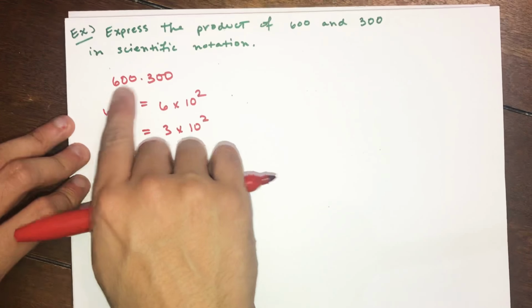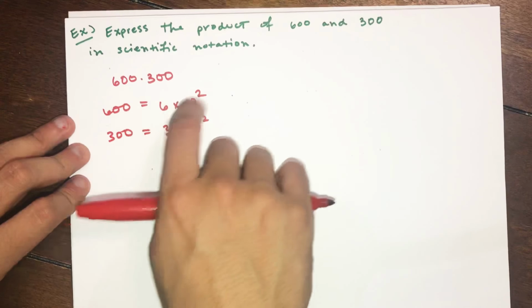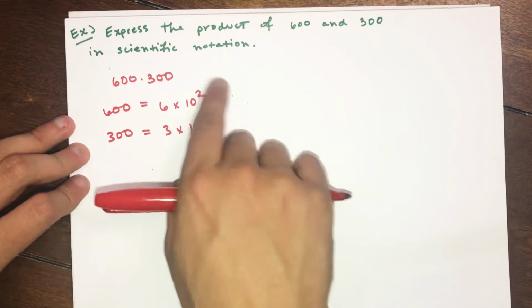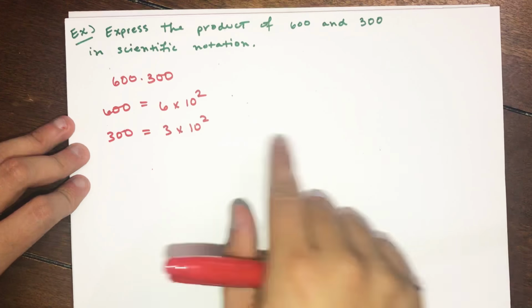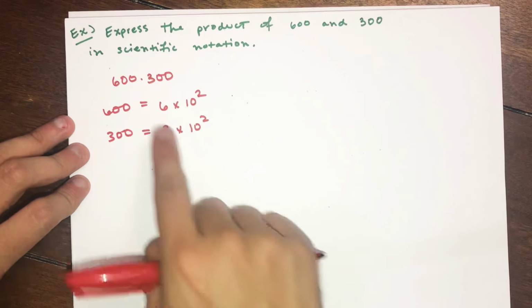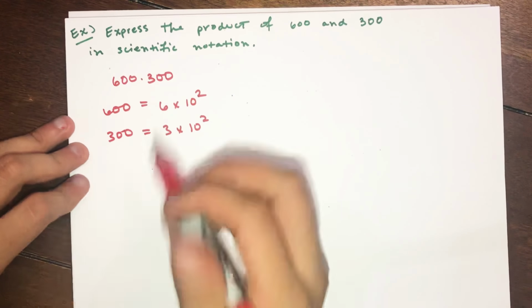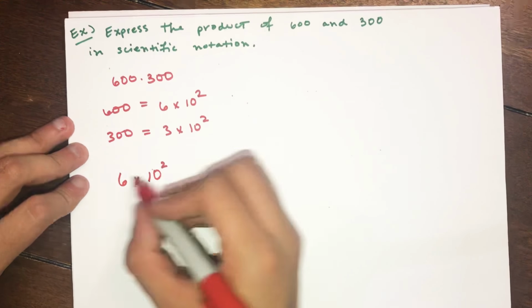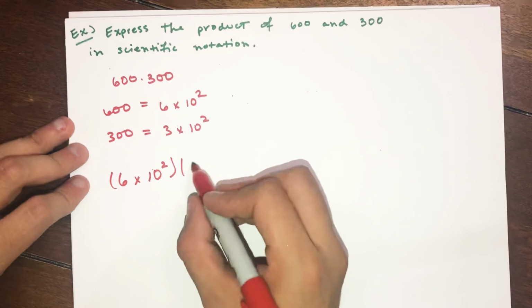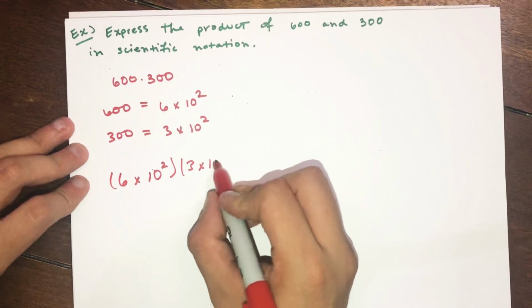So 600 times 300 is 600 in scientific notation times 300 in scientific notation. So instead of 600 times 300, we can write 6 times 10 squared times 3 times 10 squared.